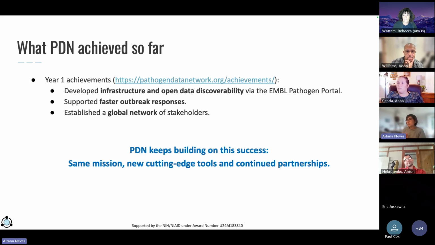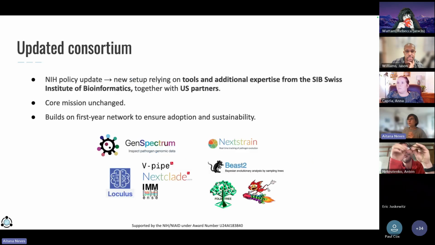And so basically PDN keeps building on this success. We continue with the same mission, but there are a few twists due to new NIH policy, so we need to change a few things. We had notably to update the consortium because foreign subawards were no longer awarded.